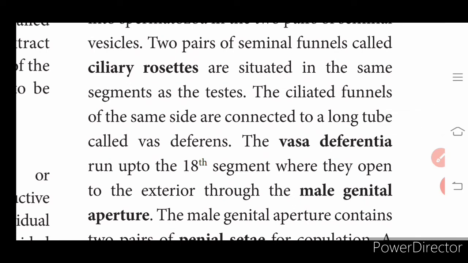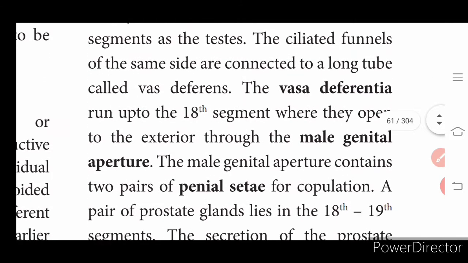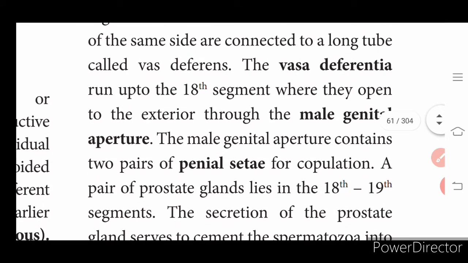Two pairs of seminal funnels are also associated with it. They are called ciliary rosettes and they are situated in the same segment. These ciliated funnel-like structures are connected to the long tube called vas deferens.